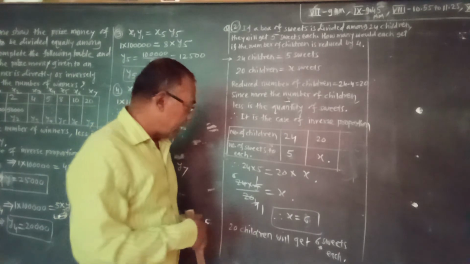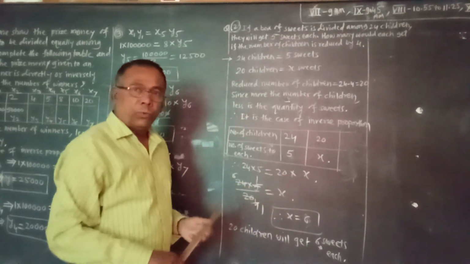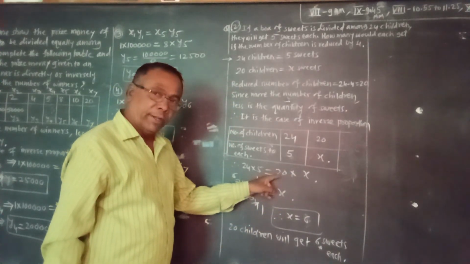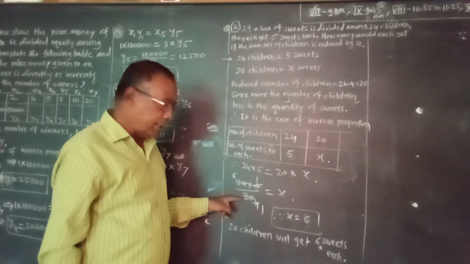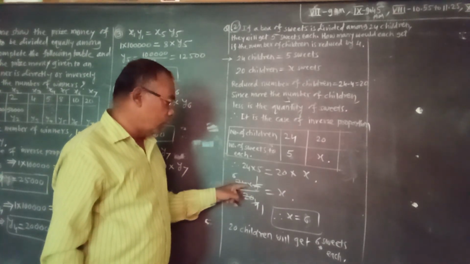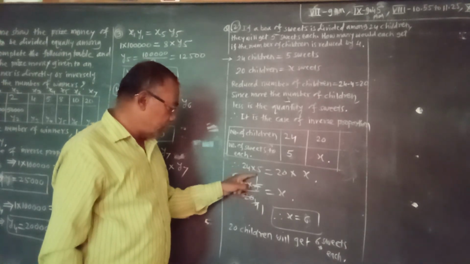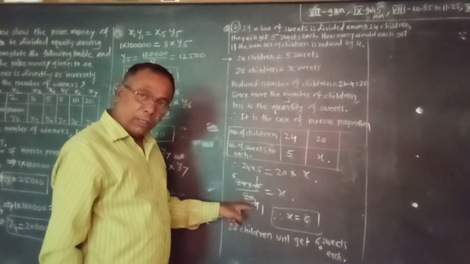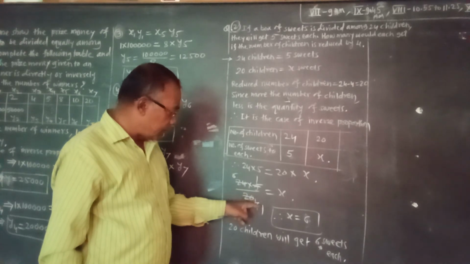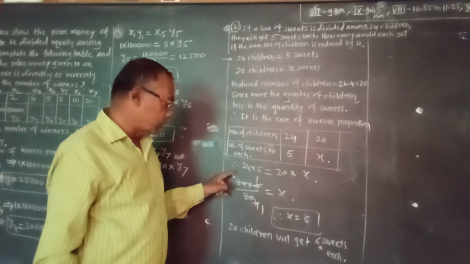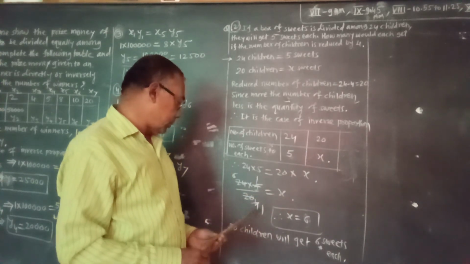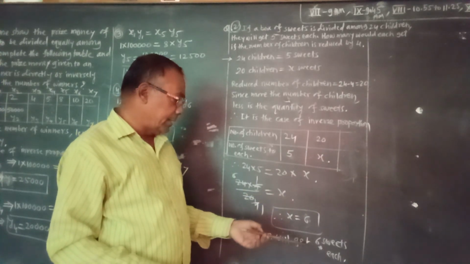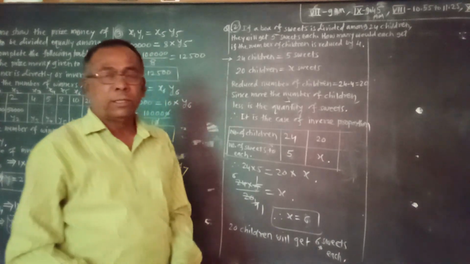To find x, we transform 20 to the denominator and divide 24 into 5. 5 1 is 5, 5 4 is 20, and 4 1 is 4, 4 6 is 24. So x is equal to 6. Therefore 20 children will get 6 sweets each.